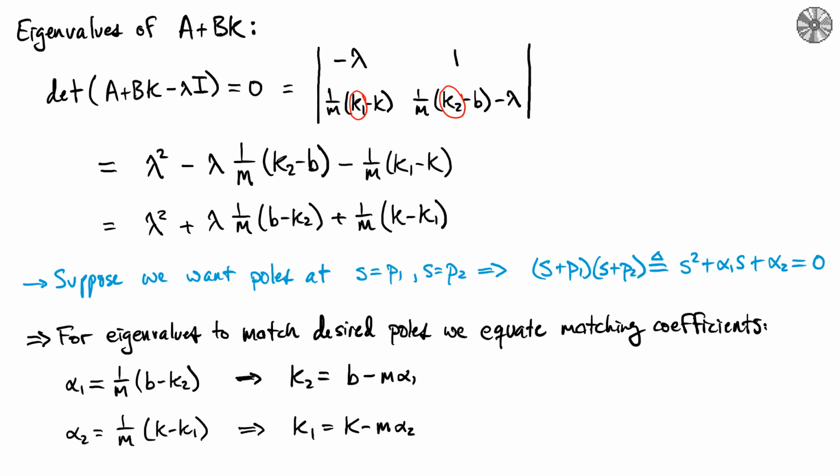And so we just compute, again, the matrix, which in this case is the whole thing, A + BK - λI. And these bars here denote that we're taking the determinant of this matrix, and that produces this quadratic in λ, where λ are the eigenvalues.